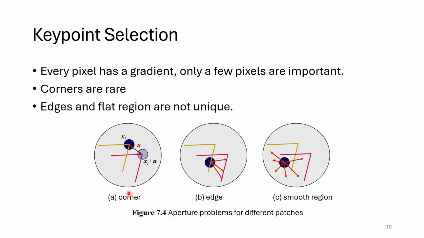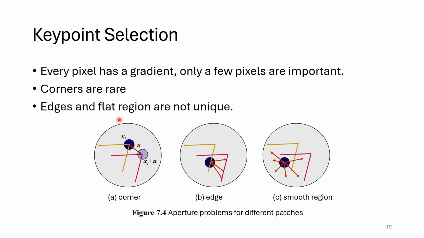Okay, so the first question is how to select the key points. Roughly, we can categorize every pixel into three classes. One is corner, another is edge, and another is smooth region. Of course, a key point should be a corner, or at least an edge.